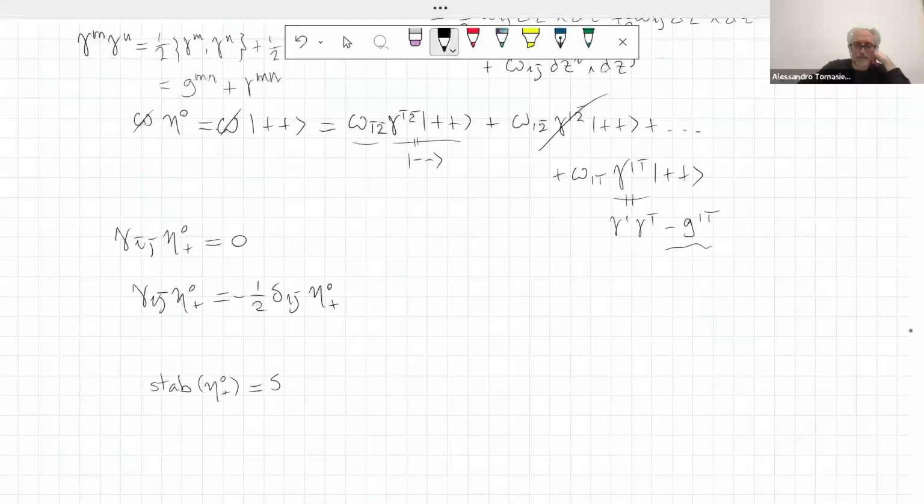Well, this space is the linear span of, well, in this case, we can just put a 1 here.